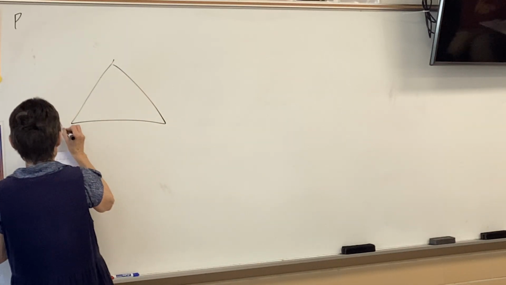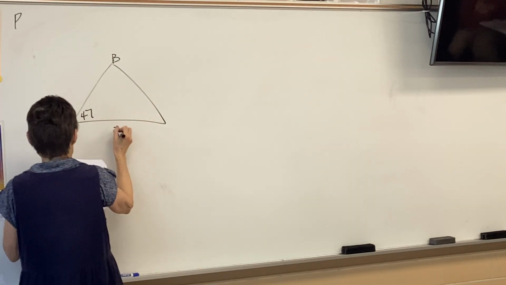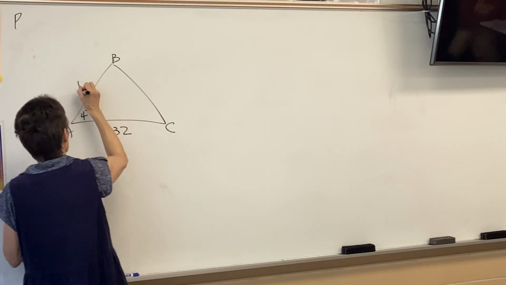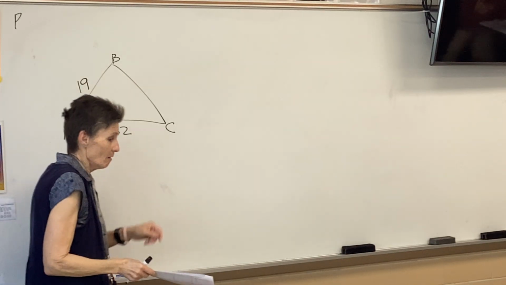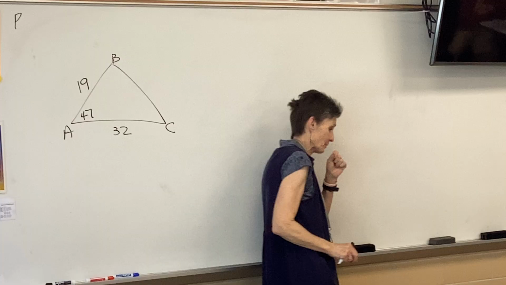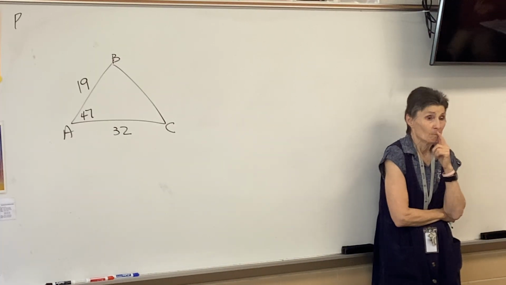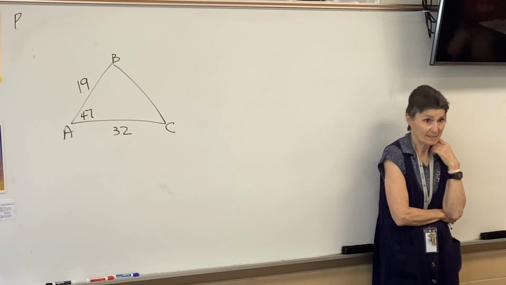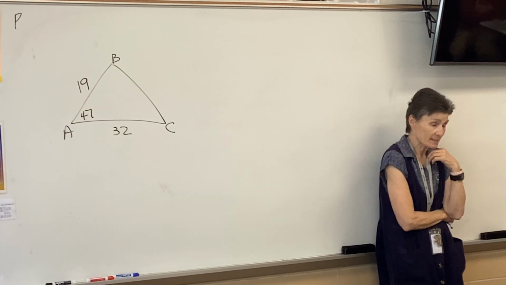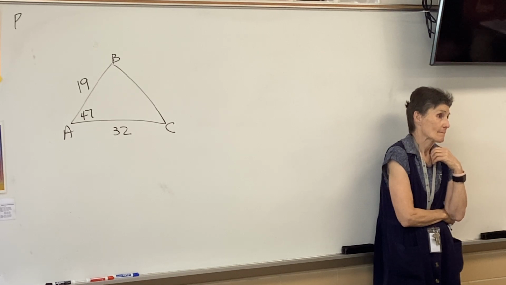So let's look at this first problem. Now, I know what you're thinking, I hope you're thinking anyway. When you look at that triangle, you're thinking the law of cosines. But that's for solving the triangle, for finding sides and angles. That is not for doing area.